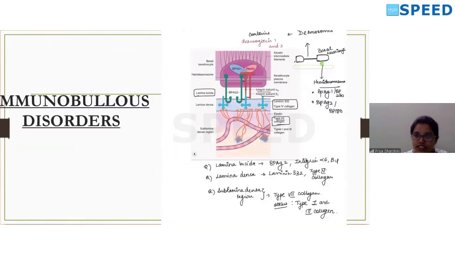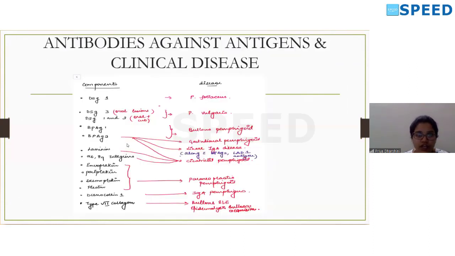So what I told here is desmosomes. These proteins are called calcium mediated adherence proteins, which are present in between two keratinocytes. These are called cadherin proteins, and it has desmoglein 1 and 3 as a primary component. Antibodies to desmoglein 1 are involved in causing pemphigus foliaceus.